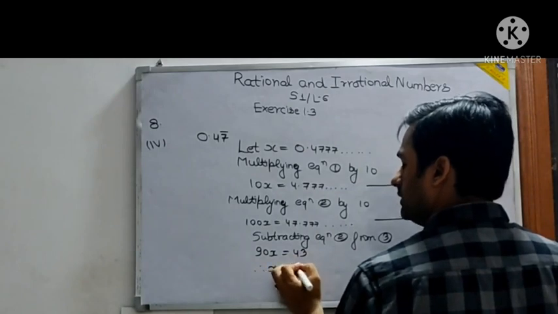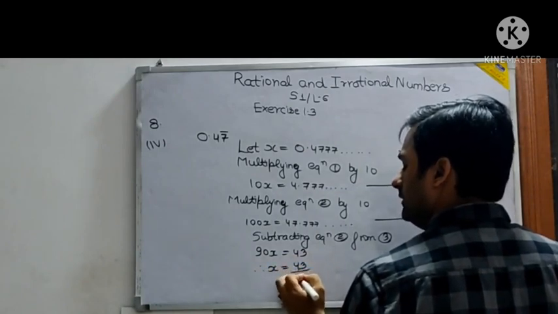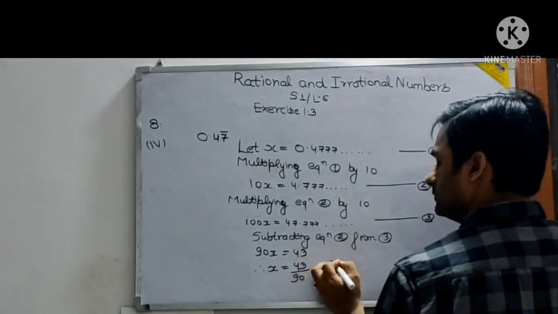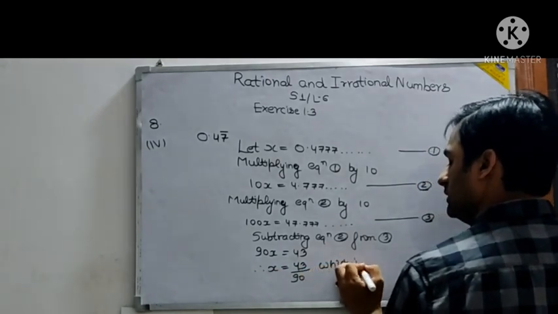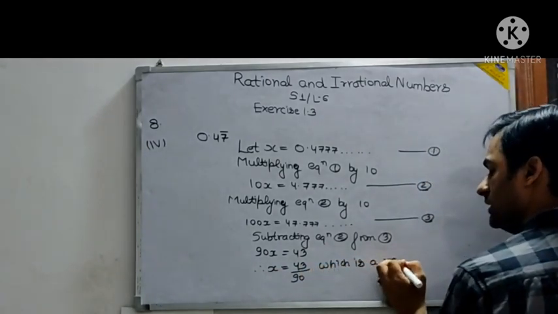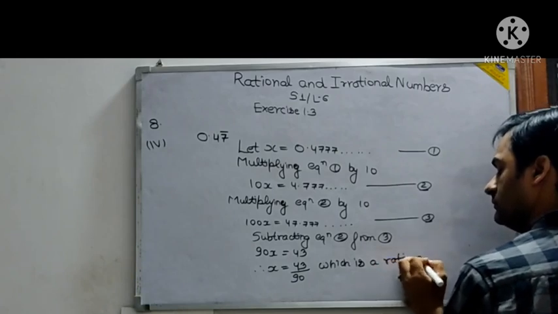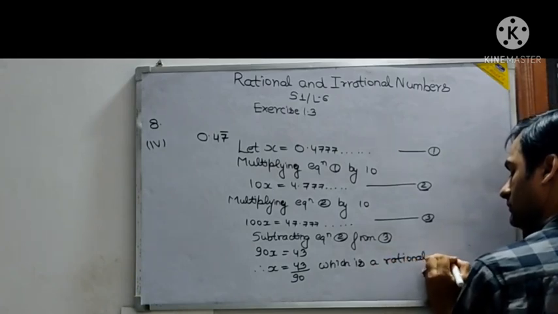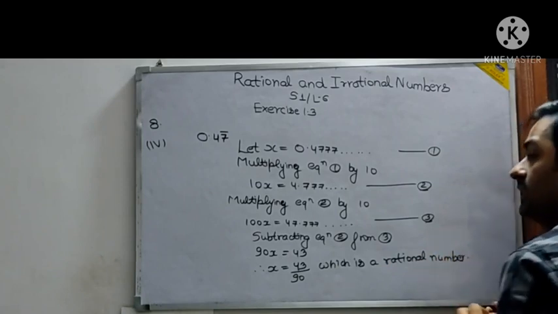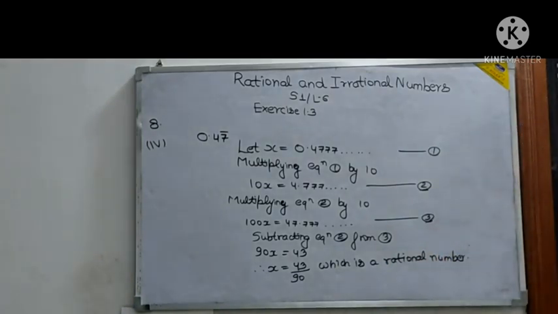X equal to what? 43 by 90, which is a rational number. I hope this is on a different pattern. Let's verify the answer also from the back.